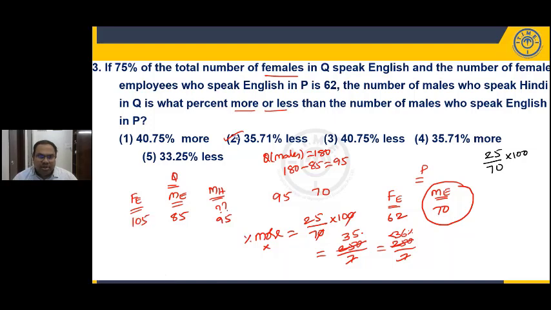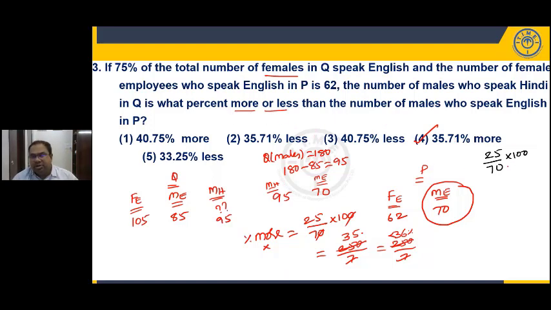It is 35.71% more. It is percentage more now. So this is males Hindi 95, males English in P 70. So it is more, and you are calculating percentage more. You have to be careful in the exam. 35.71% more. So I have both the options, less and more. It is more. Now, what you try to do is, the options are quite far away.